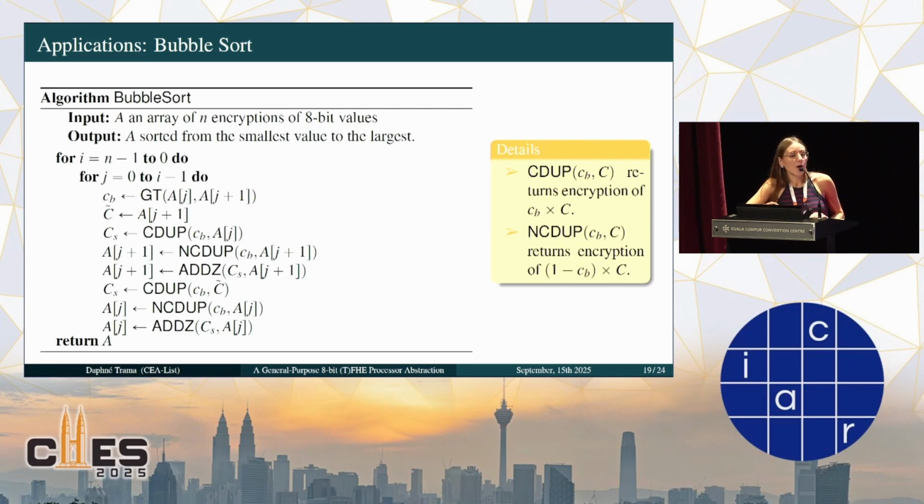So this time, obviously, it is not as easy as in the cleartext space, but we can still manage it thanks to our CDUP and NCDUP instructions that are, in fact, conditional duplication, which allow us to emulate if-then-else conditions. And so we did several algorithms.